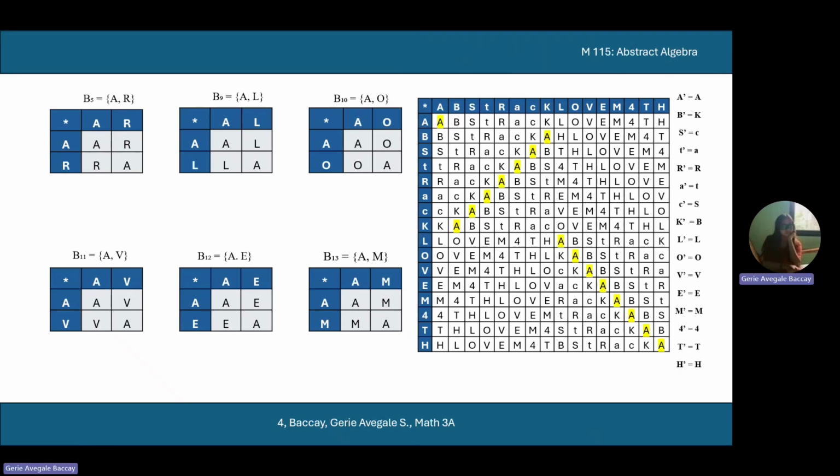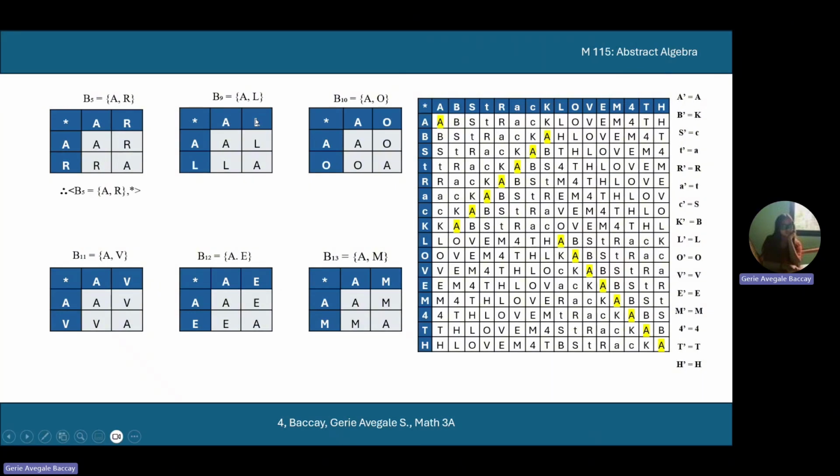Next, we can see that there is a row that matches the outer top row and a column that matches the outer left column, and the identity element A of G is in H. So it satisfies the second condition. We know that the inverse of A is A and the inverse of R is R. Since both elements have their inverses within the subset, the inverse property is satisfied. Therefore, B sub 5 is a subgroup.